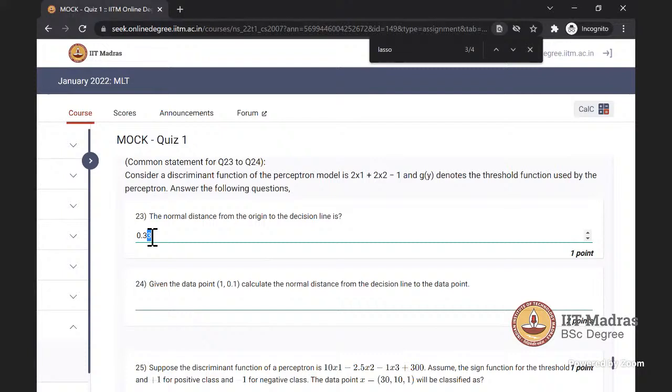Because if you see the derivation, y equals w naught plus w transpose x, right? So w does not contain w naught. That is true for every classification case when you are taking the discriminant function.